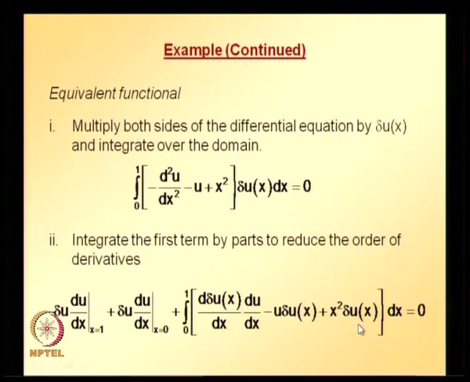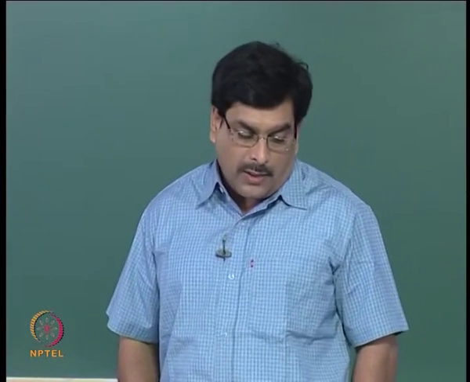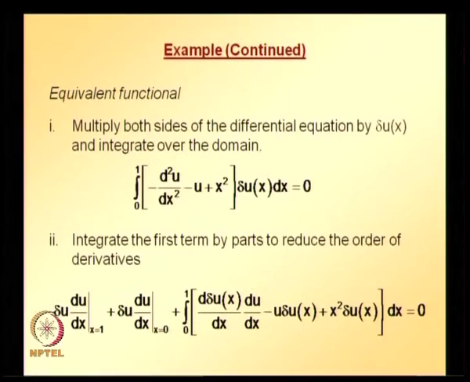This is how you can reduce the order of differentiation, because that puts less demand on the continuity of the approximate or trial solution that we are trying to use. Now let us see the boundary conditions that are given.